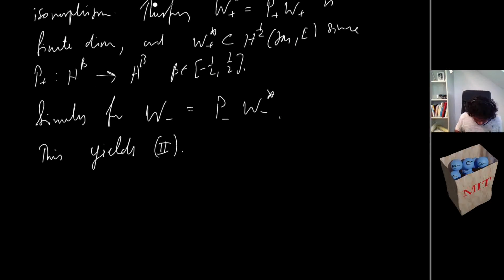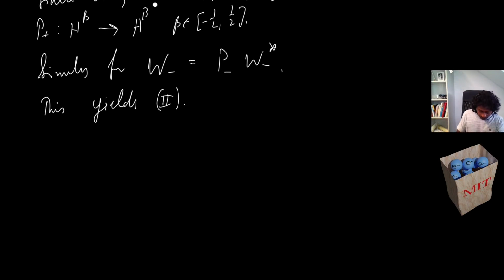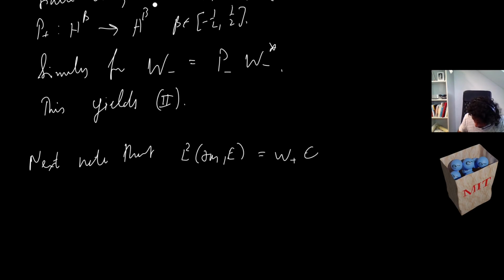All right, so now for the next point. Note that L2 is also equal to W plus plus W plus perp. Okay, we're in a Hilbert space, so we have the orthogonal complement, right? And we always have a projection along a closed subspace and its orthogonal complement.